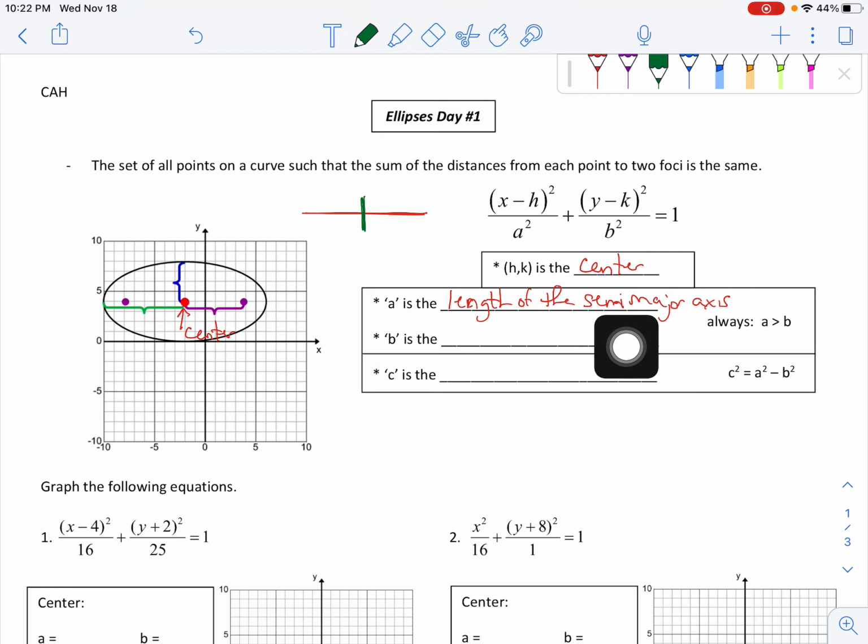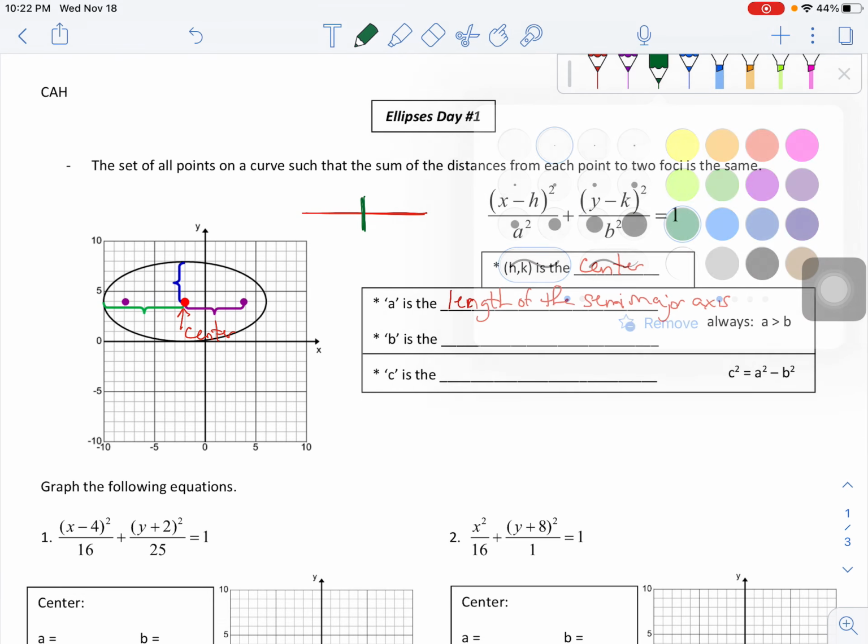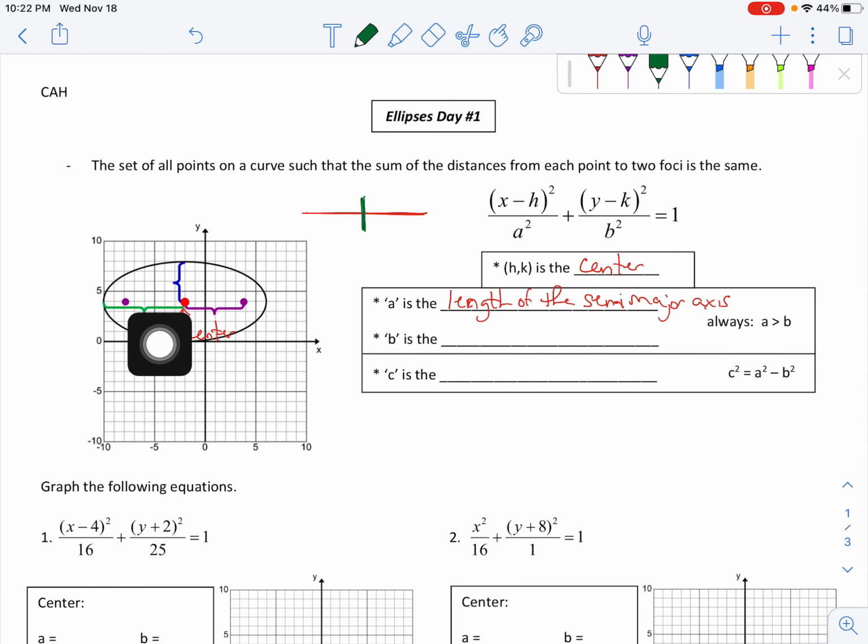However, when we talk about the semi-major axis, semi mathematically means half. So semicircle, things like that, that's just half a circle. So semi-major axis means half the major axis. So in our picture here, this green little part right here from the center all the way to the edge of the ellipse, this is your A value, okay?